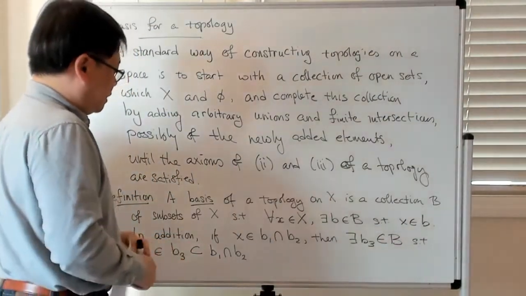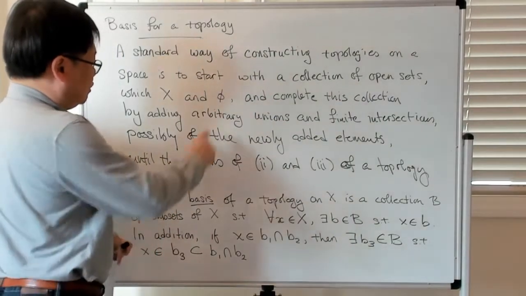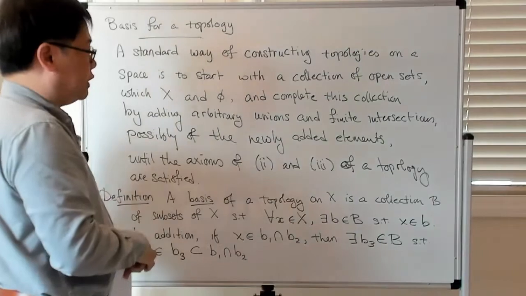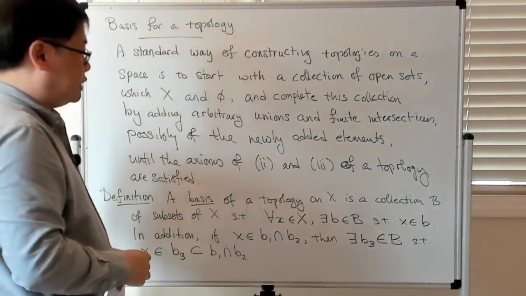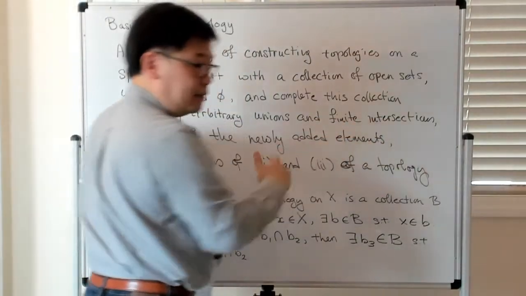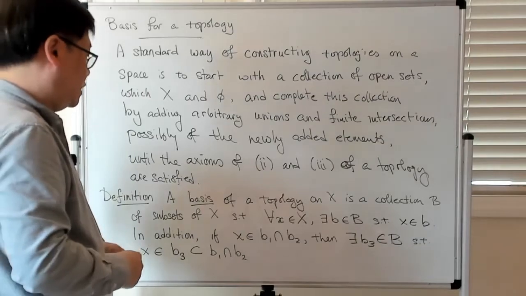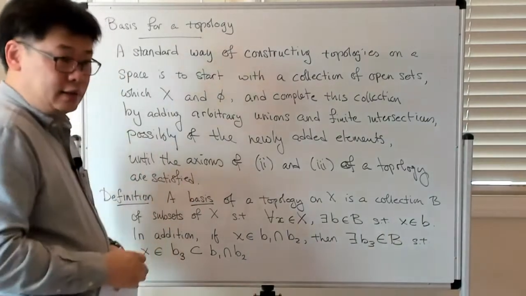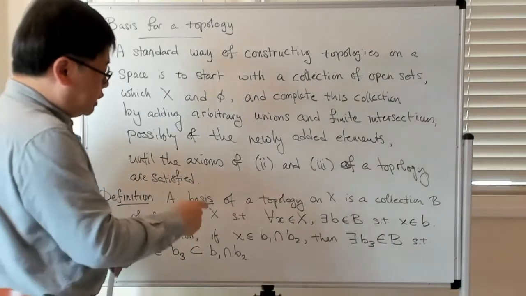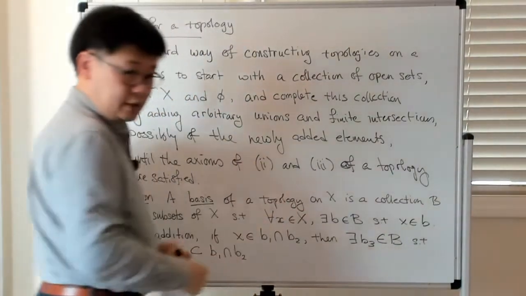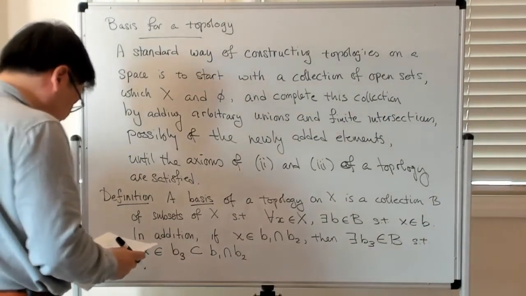The advantage of working with a basis is that before, when you took arbitrary unions and finite intersections, you might possibly have to take arbitrary unions and finite intersections of these newly added elements, which you keep augmenting your topology with. Whereas with a basis, you are still considering arbitrary unions and finite intersections, but only of the basis elements. Okay, and so that somehow simplifies your life quite substantially.